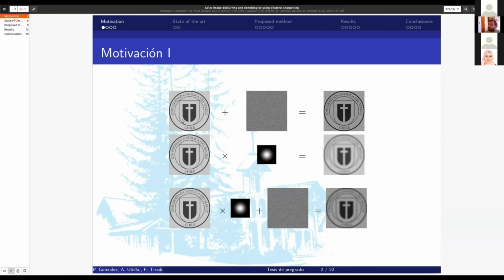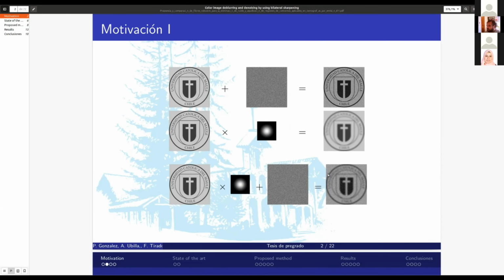And the other problem is the noise, which can make our future work difficult, like extraction of the information or quantification and the segmentation process. The mix of the two problems we can see here.